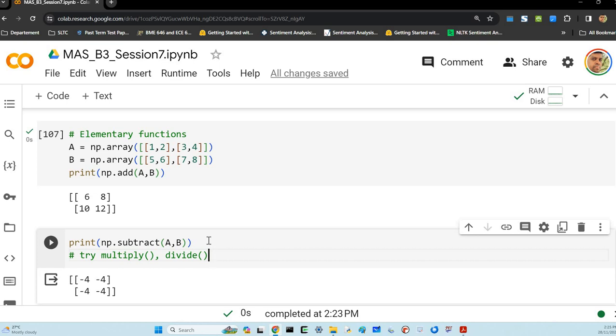So when you multiply, what do you get? 1 into 5 is 5, 2 into 6 is 12, 3 into 7 is 21, 4 into 8 is 32, right? Element wise.